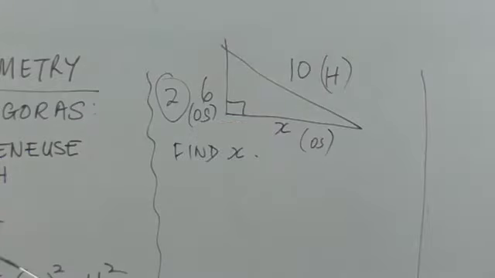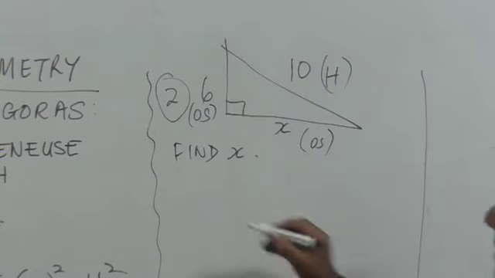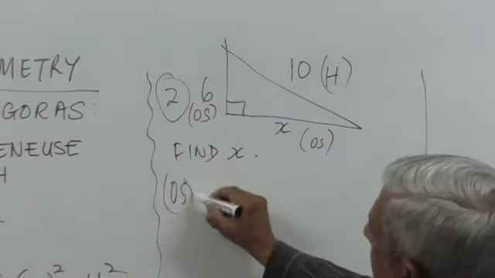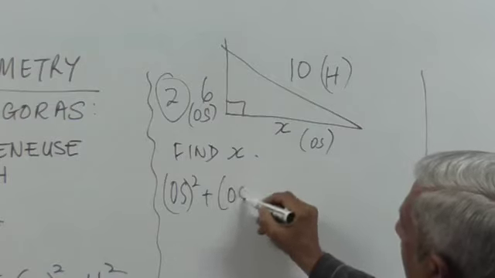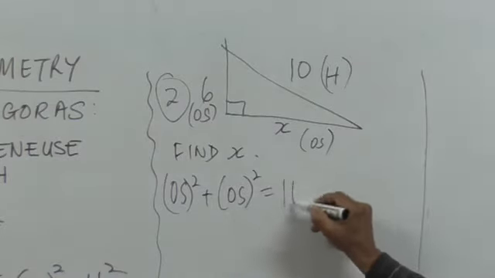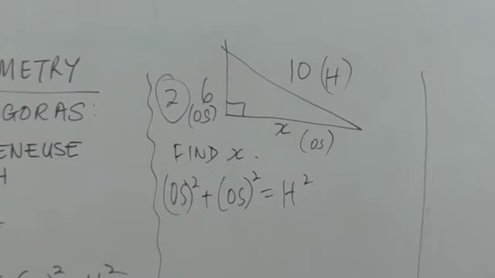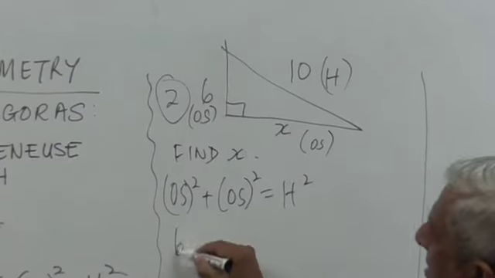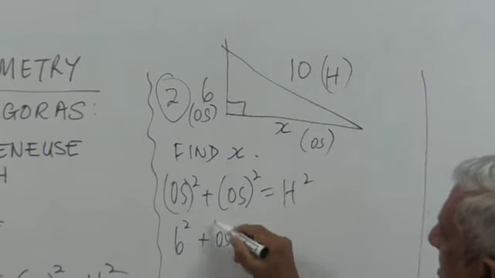So it's better to start with this formula now because you are trying to find other side. So you use this: other side squared plus other side squared is equal to hypotenuse squared. So let's go from one side. That is 6.